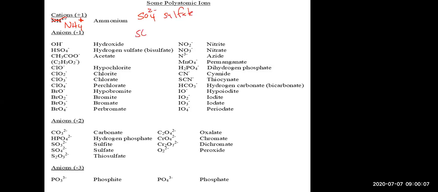SO3 2- is sulfite. NO3-, that is nitrate, as we just saw. NO2- is nitrite.